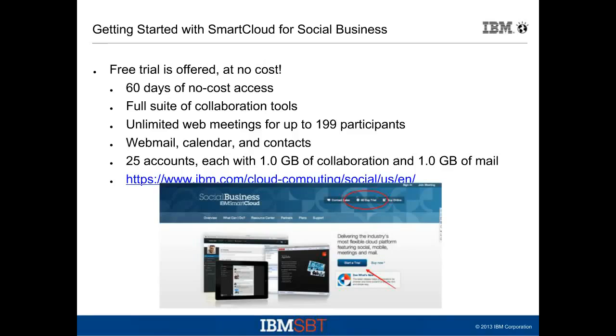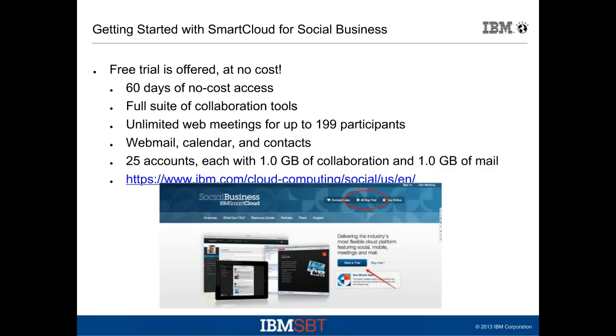So now let's talk about how we build that and what do we have to do to add social capabilities to our applications. So first of all, we need to connect to SmartCloud. So either your company already has an account in SmartCloud, an organization-based account, or you can actually go to the SmartCloud website and create a new instance, which is a free trial of SmartCloud.